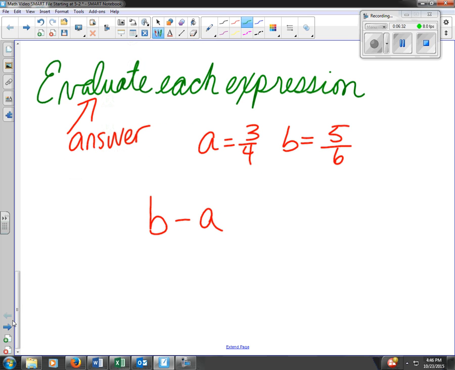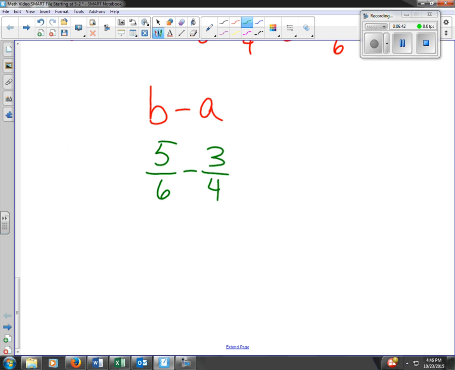Well, B stands for 5/6 minus 3/4. Now we solve, just like we solved before. The smallest denominator, to make our lives easier, will be 12, not 24. You see 6 and 4 and you might think 24, but 12 is actually smaller. So 6 times 2 means you do 5 times 2, that's 10. 4 times 3 means 3 times 3 is 9.